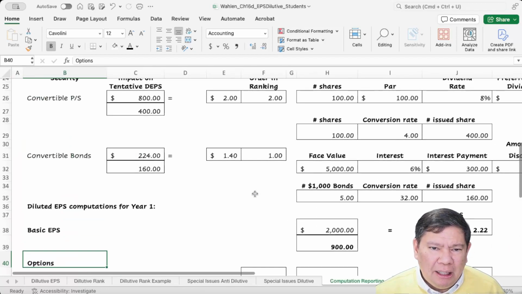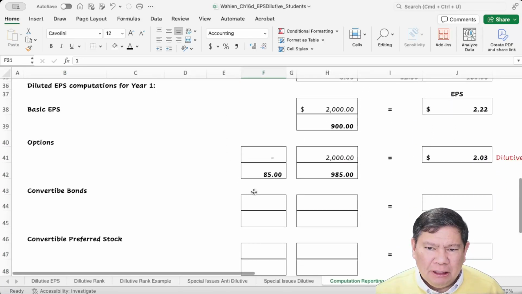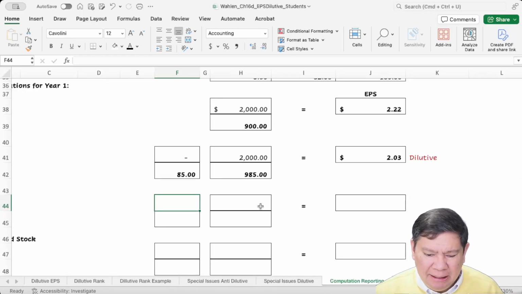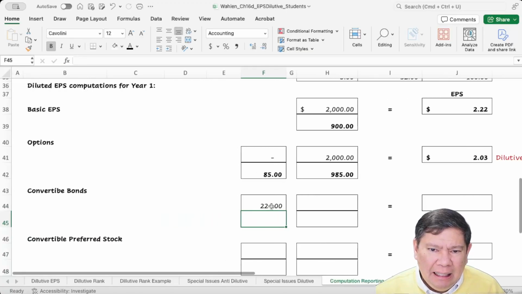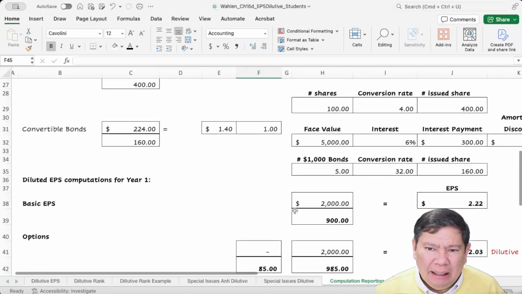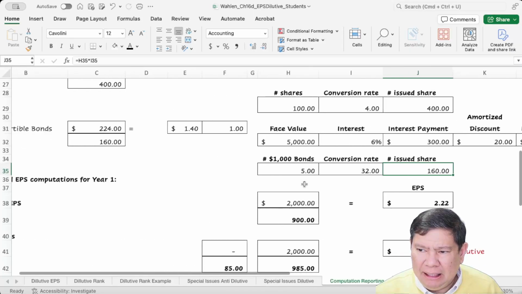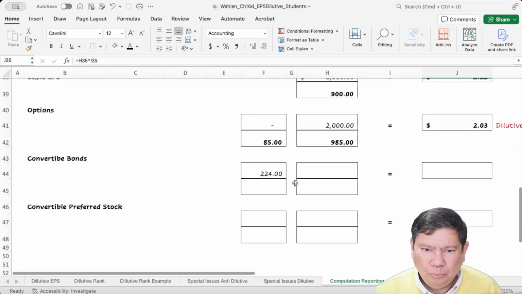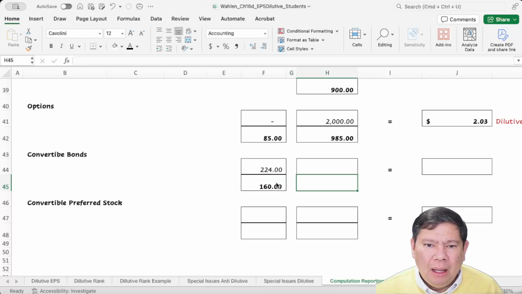And then we move to rank number 1, which is the convertible bonds. With convertible bonds, we can save the interest of 224, and the denominator will go up by 160. So the numerator becomes 2,000 plus 224.